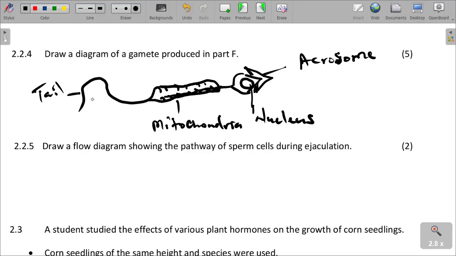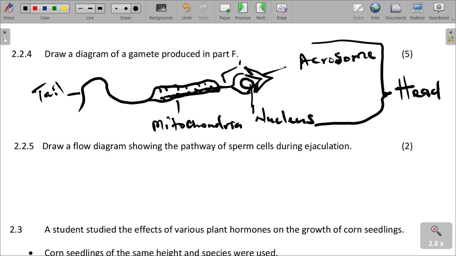In other words, the sperm cell can be divided into three pieces. This is the head, and then there is the neck, and from here this is the middle piece.